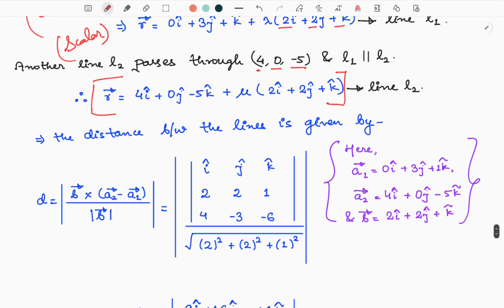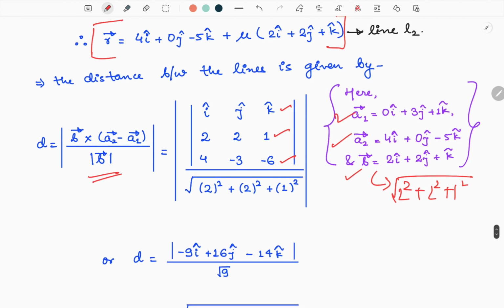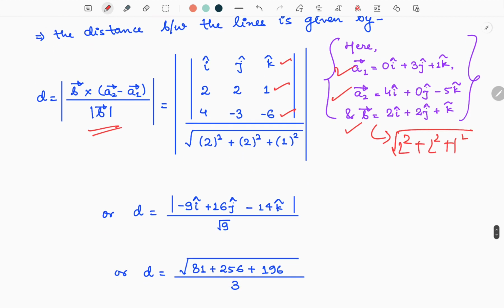Here a1 vector I have written here, a2 here and b vector. Now do the a2 minus a1 part, you will write that here, and the b vector part is here, and in the first row you will write i cap, j cap, k cap, and in the denominator you have to write the modulus of b vector. So the modulus we will calculate as 2 square plus 2 square plus 1 square, and all other calculations I have already done.